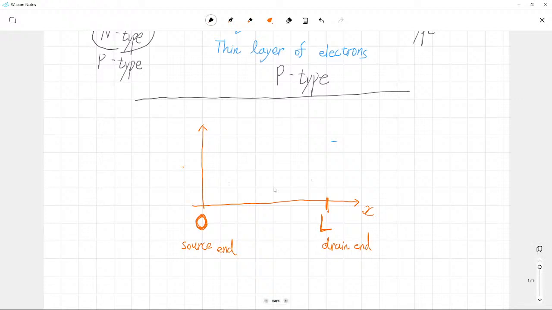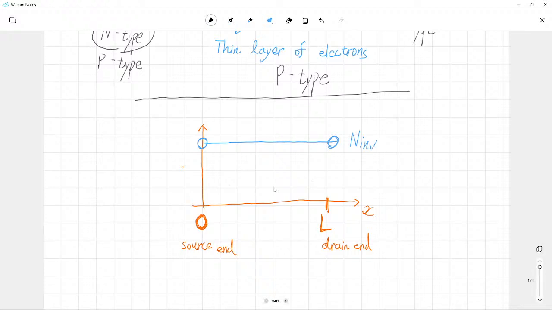Then you know that we are now fixing the gate voltage. So at drain voltage equal to 0, previously we had the inversion charge which is uniform along this channel direction everywhere, even at this source end and this drain end, they had the same amount of inversion charge.